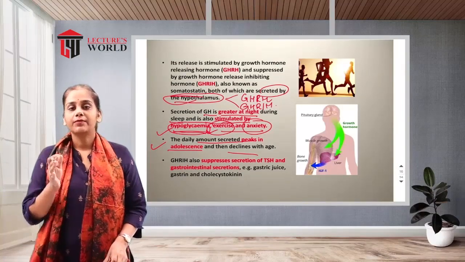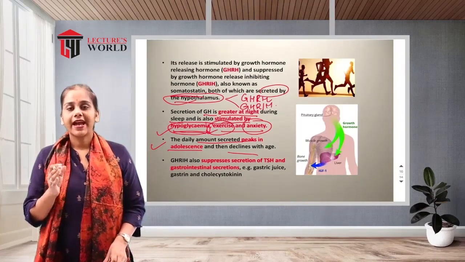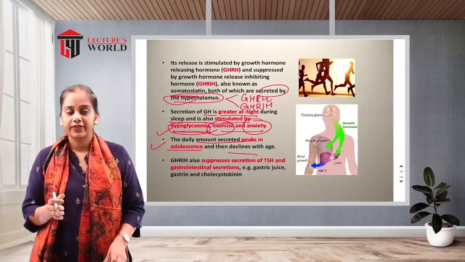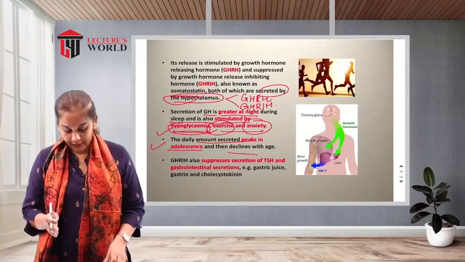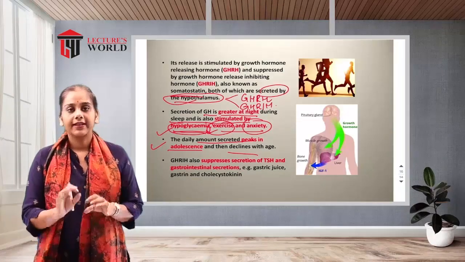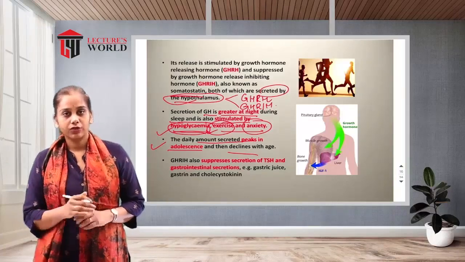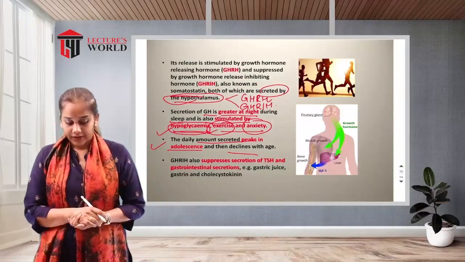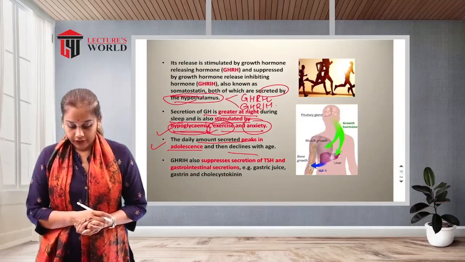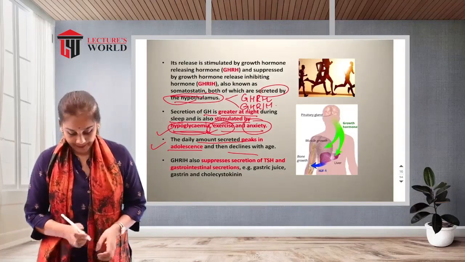After adolescence, the growth hormone releasing inhibiting hormone will be triggered and they try to stop the growth hormone. So that's why development or growth declines with age.